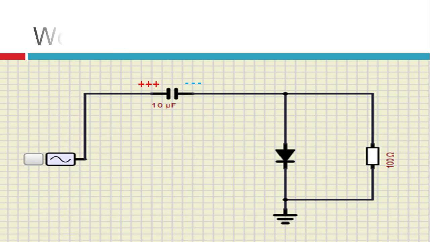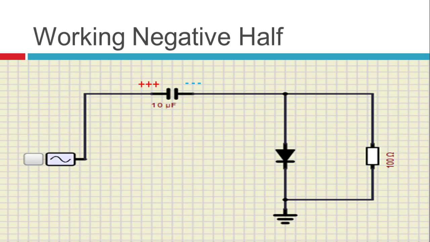Now what happens during the negative half? During the negative half, the capacitor was already charged during the previous positive half. So when the negative half appears, the diode is in the off state because the diode is now in reverse bias mode. Because the diode is reverse biased, it does not conduct. So now the charges in the capacitor will discharge and flow through the resistor, because of which we get some negative voltage.